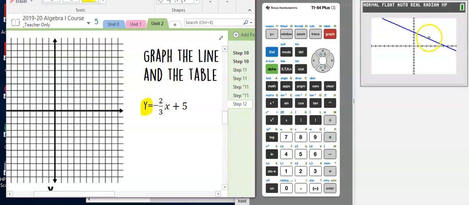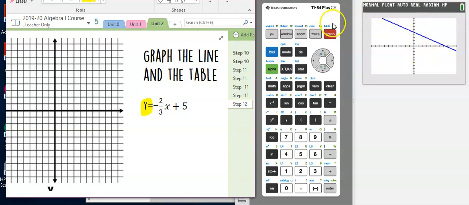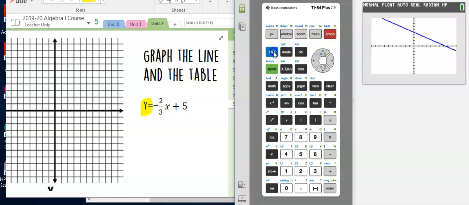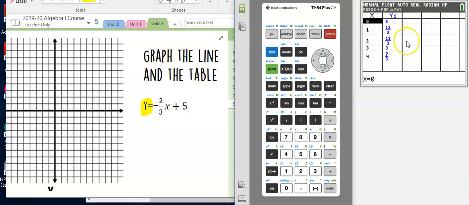The way we're going to get precise is by looking at a table of values and plot the nicest values we can find. So we want to get to this table. Do you see this blue word up here at the top that says table? In order to get there, I need to press the second button first and then graph. And I am immediately taken to a table of values.